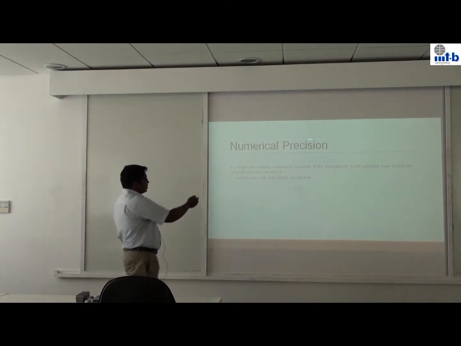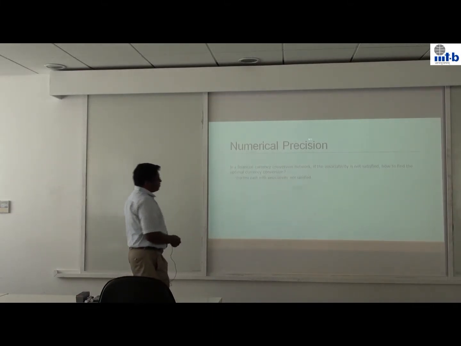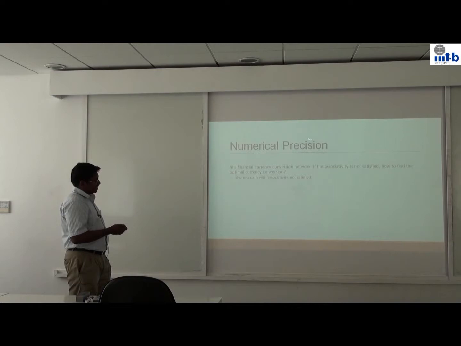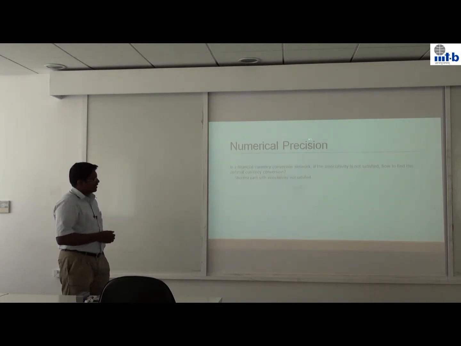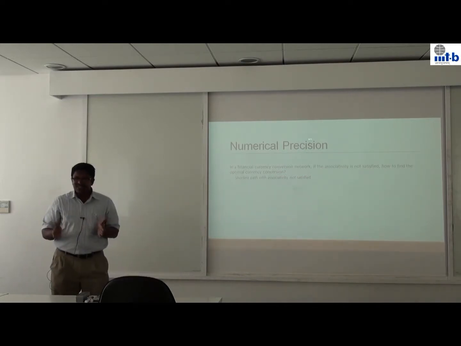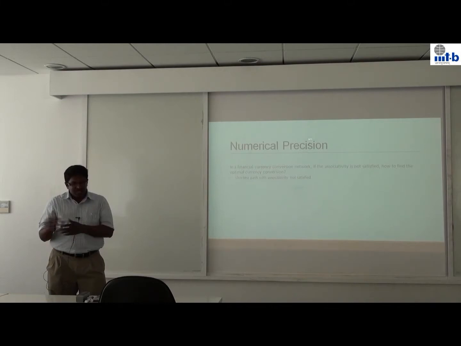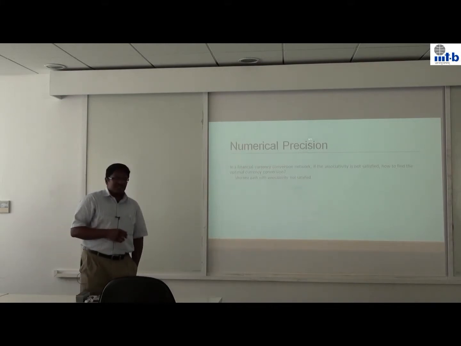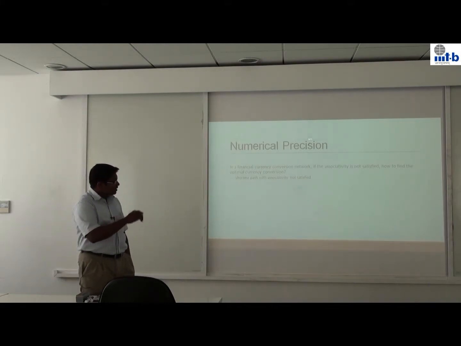Because of this approximation, what I'm actually doing is multiplying the values, and here it loses associativity. Suppose I have A into B into C; there are a lot of ways by which we can do the bracketing.